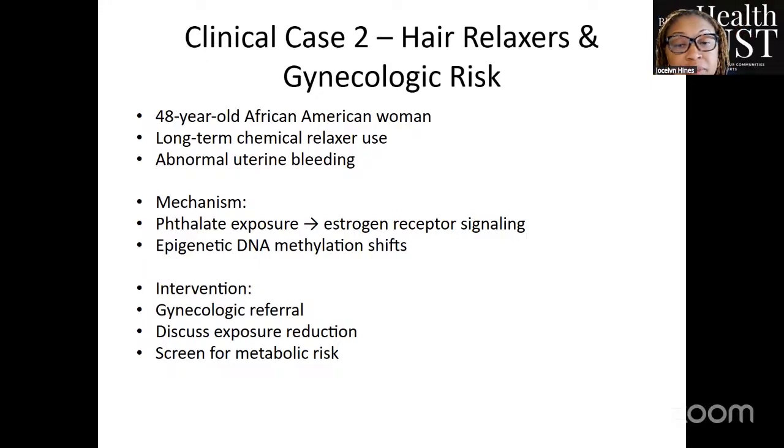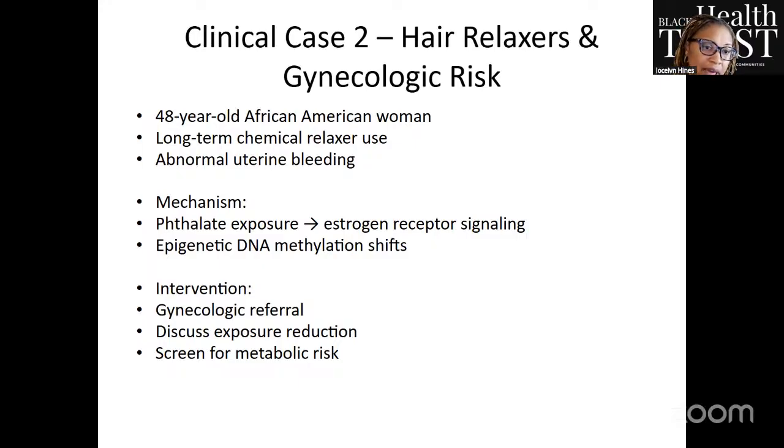So clinical case number 2, involving hair relaxers and gynecological risk. You've got a 48-year-old African-American woman who's a longtime chemical relaxer user who starts having abnormal uterine bleeding.